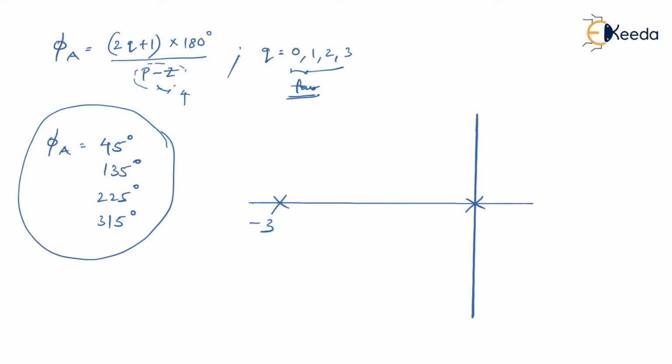And there are complex conjugate poles also. So this is -1, let's say. Let's say this is 1j. Let's say this is -1j. Fine. So I have plotted all of my poles, okay?